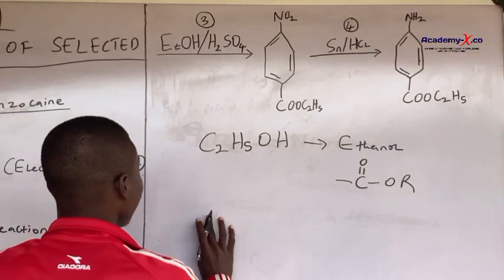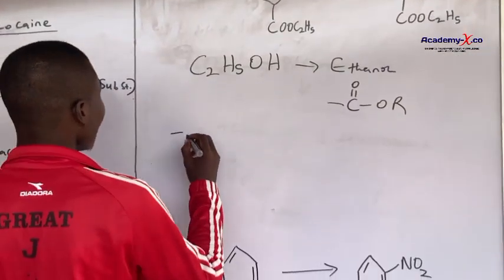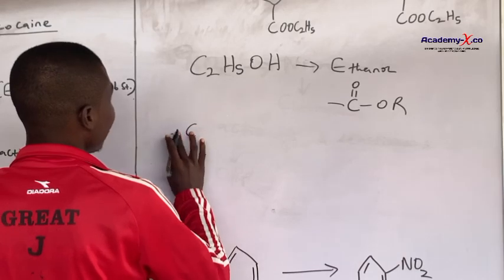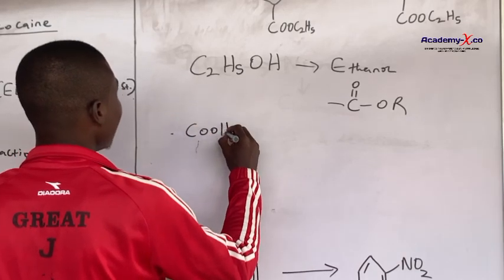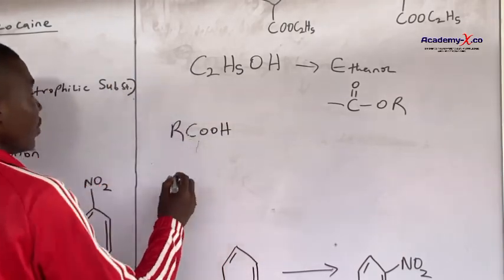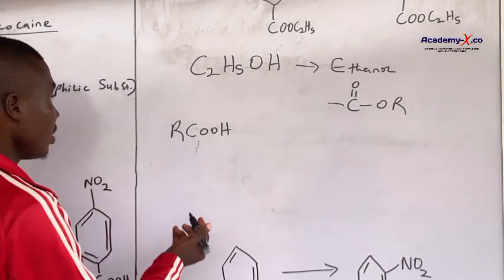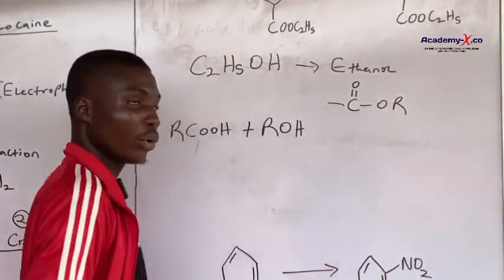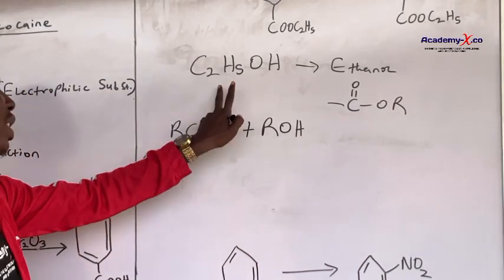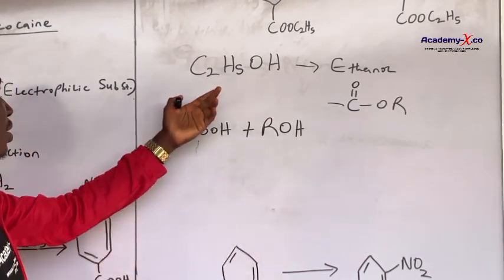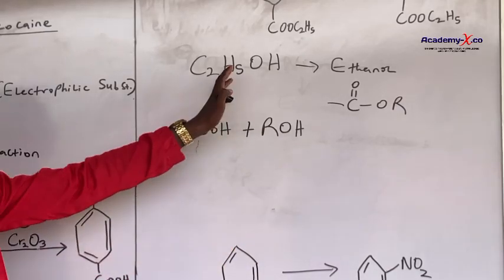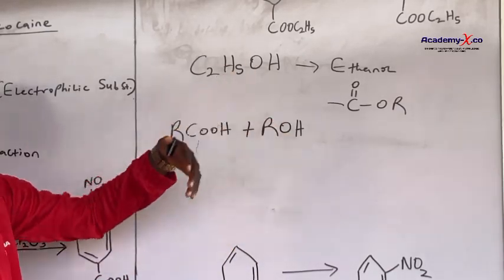When we have a carboxylic acid group, say COOH, we can call this RCOOH, whatever carboxylic acid it is, and then we have an alcohol. If it is C2H5, it is ethanol; if it is CH3, it is methanol; if it is C3H whatever, it becomes propanol and the likes.